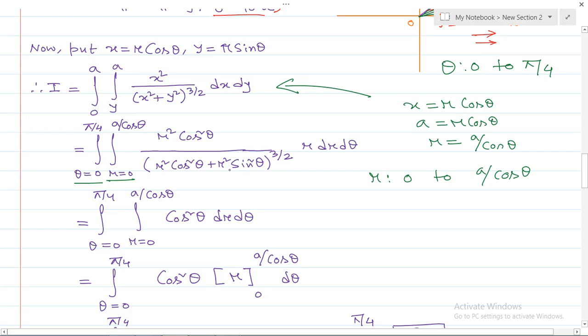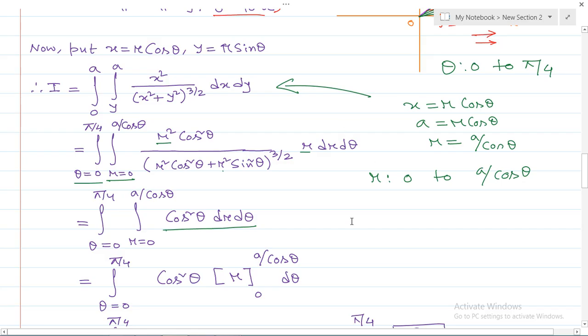From the denominator it can be easily understood that r square to the power 3 by 2 will give r cube, and also in the numerator r square into r is there, so it becomes r cube in the numerator. The denominator also has r cube, so the r cubes cancel out, and we get the simplified form cos square theta dr d theta.